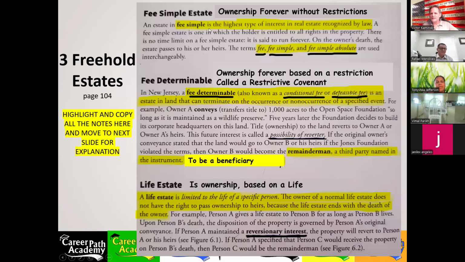Yes, fee simple is ownership forever without restrictions. It's the highest type of interest recognized by law. It is ownership forever without any restriction. A life estate is ownership based on someone's life. So I would say that is a restriction, right? Because when that person dies, you lose it.